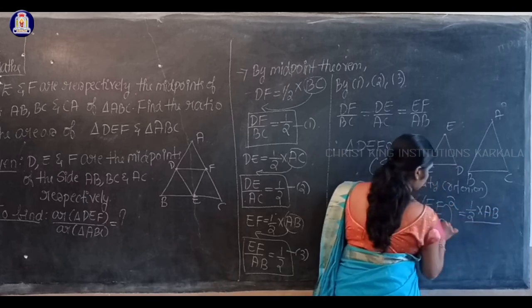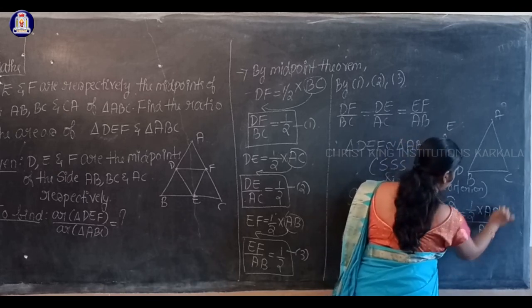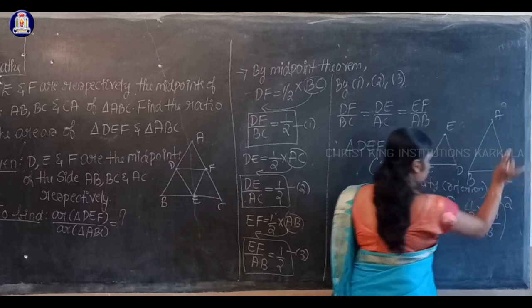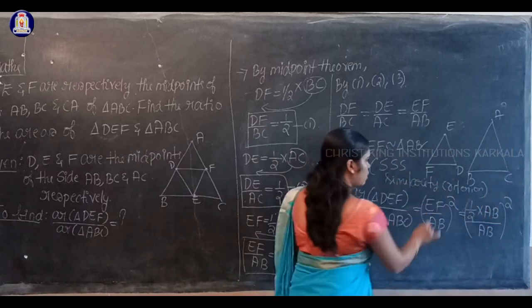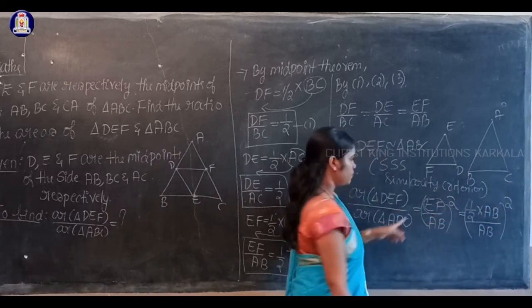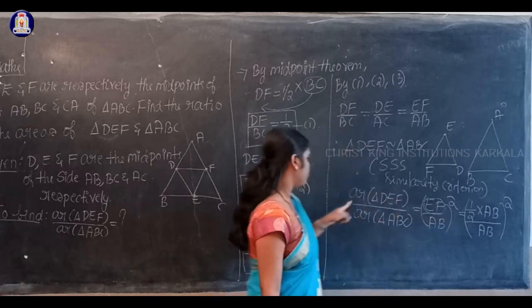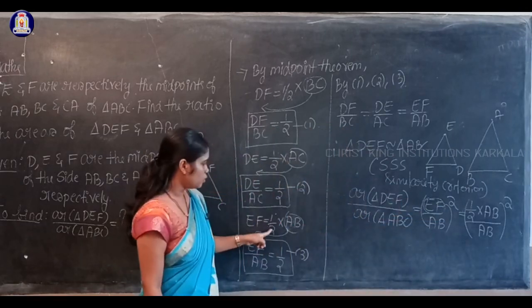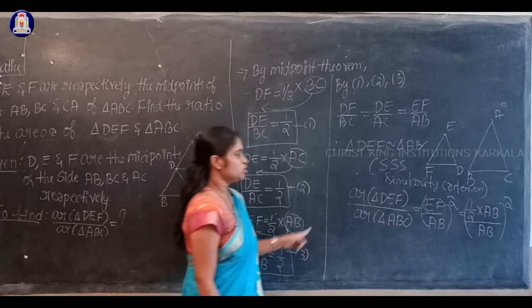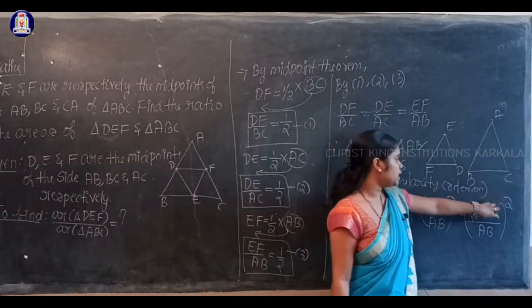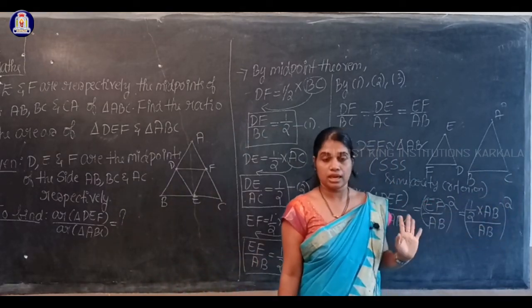The denominator AB will be as it is, no changes. Here EF is equal to half of AB we have, so just in the place of EF, I'll replace half of AB.